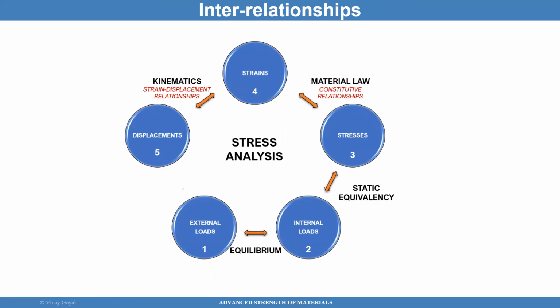And then from the strains, we can calculate deflections by integrating the strain equations. Those displacements can then be used to determine what the deformation of the system is. The strains can be used to predict failure as well, and the stresses can also be used to predict failure.